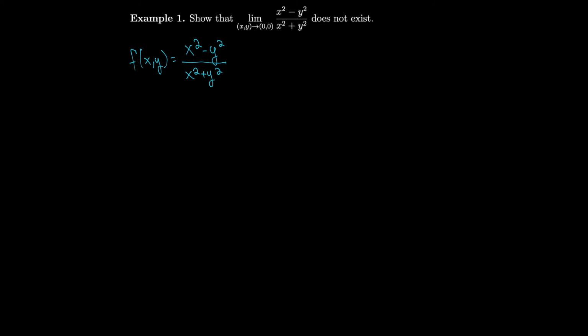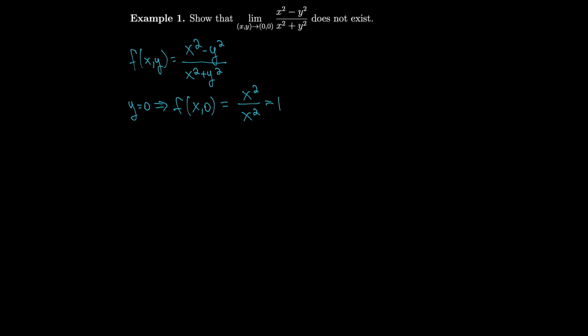So how about we go along the x-axis first? So that would be if y is equal to 0. So if y is equal to 0, then instead of writing f(x, y), I could write f(x, 0) because I'm plugging in 0 for y. So that leaves us with just x²/x², because the y's disappear.